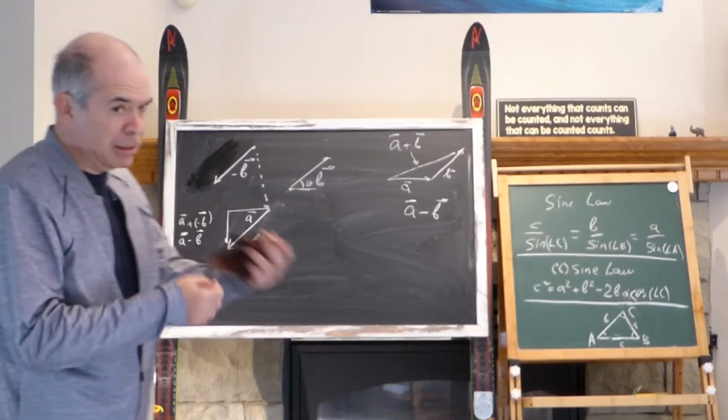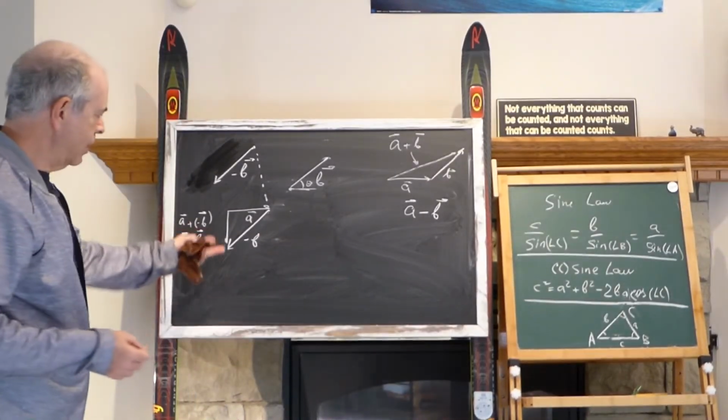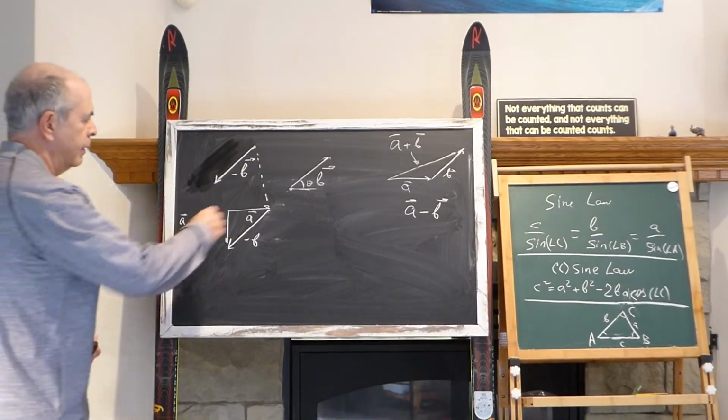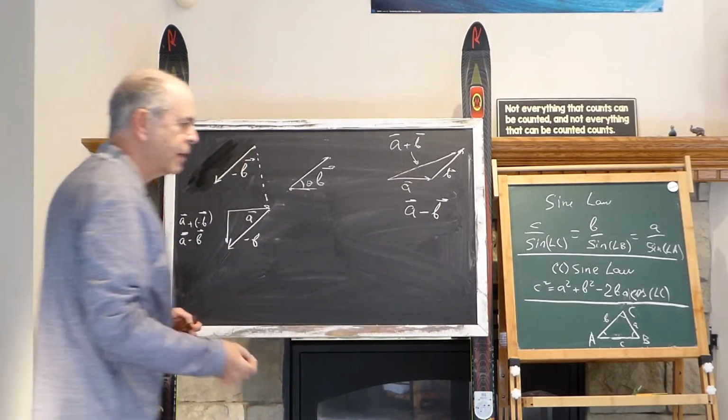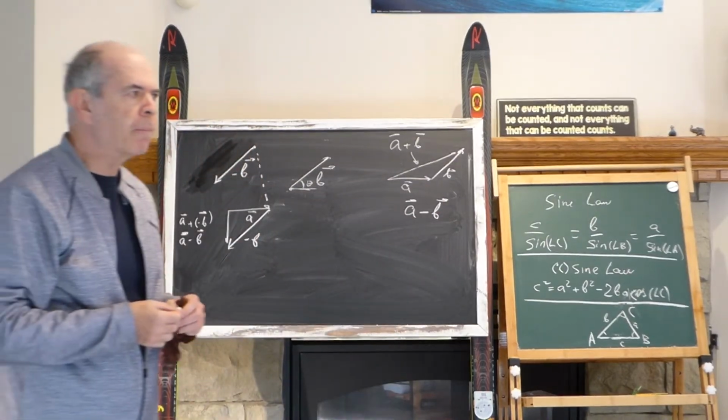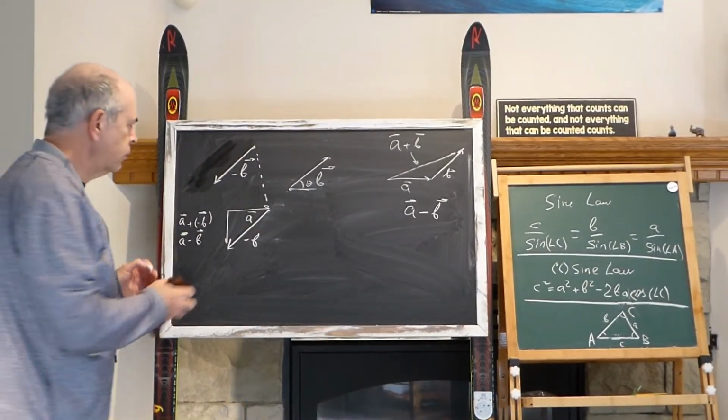So, I digressed twice today, and my solution was extremely simple. Take this vector, flip it, and then use the same triangular methods as we used before. And you can do it.